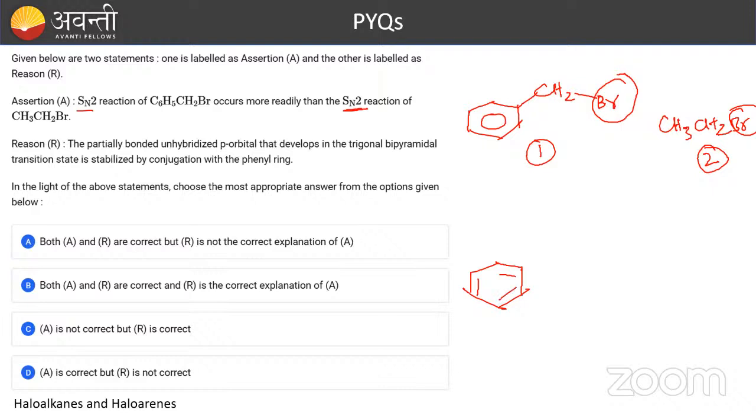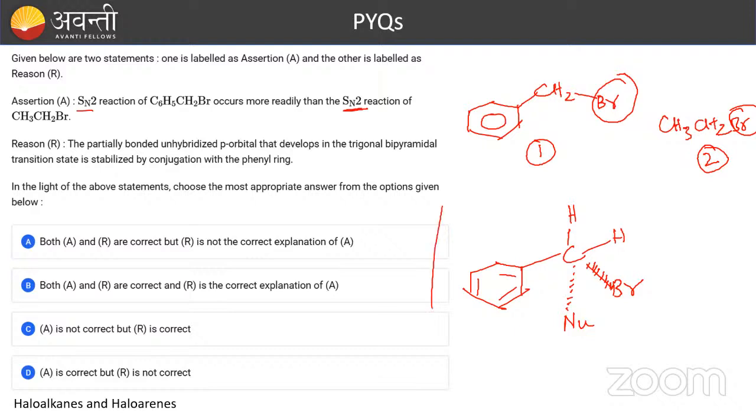For the first compound, we have the carbon, two hydrogens and one bromine. If some other nucleophile is coming, it will try to form a bond with this carbon, and this carbon-halogen bond will try to break.